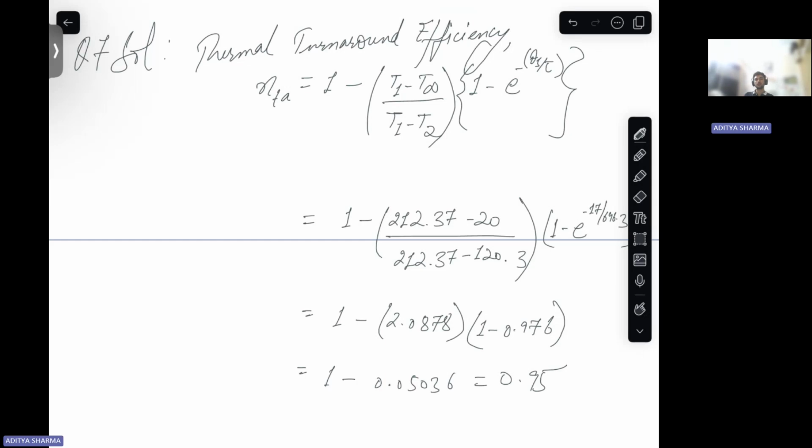So 0.95 will be the thermal turnaround efficiency of this sensible energy storage system.